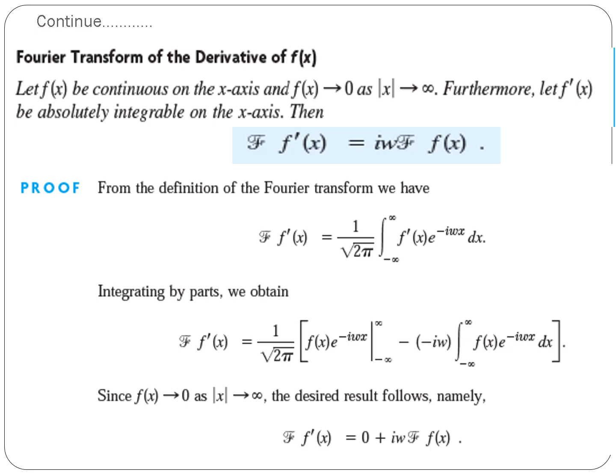You can see that the first term becomes 0 and only the second term remains. In the second term, that integral represents our Fourier transform of f of x. Therefore, you can see that the Fourier transform of f dash x equals i omega times the Fourier transform of f of x.